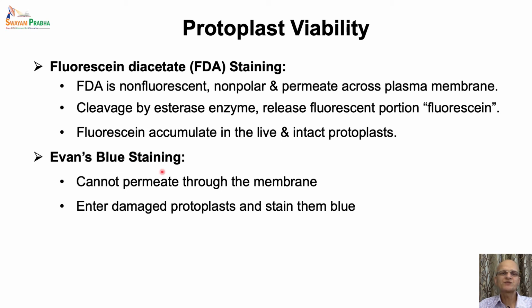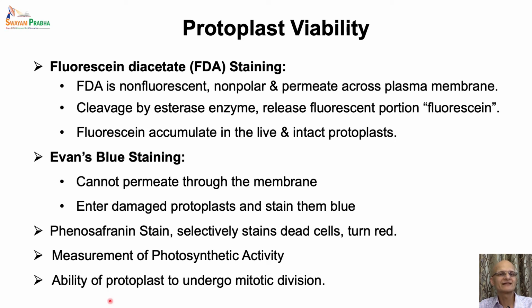Similarly, Evans blue staining can also be used. However, it stains the damaged cells. It cannot enter the viable cells by itself and accumulates only in the protoplasts that have lost their plasma membrane integrity. Therefore, the dead cells stain blue and the intact or viable cells remain unstained. Similarly, phenolphthalein staining can also be used to stain the dead cells.